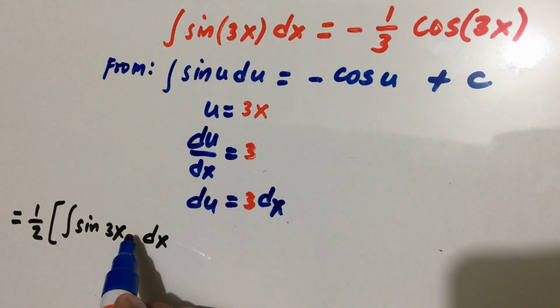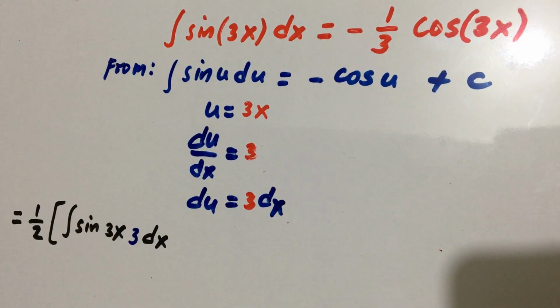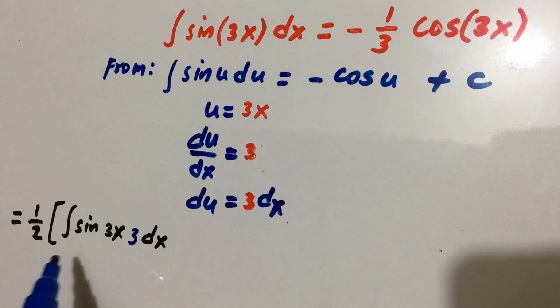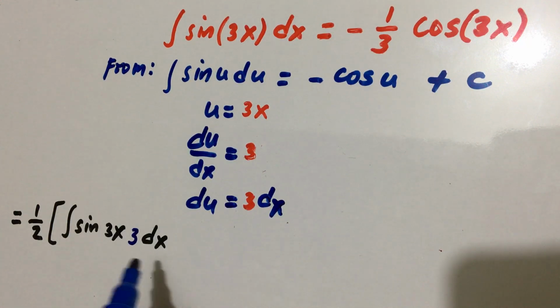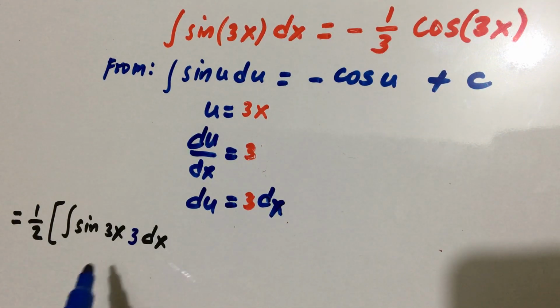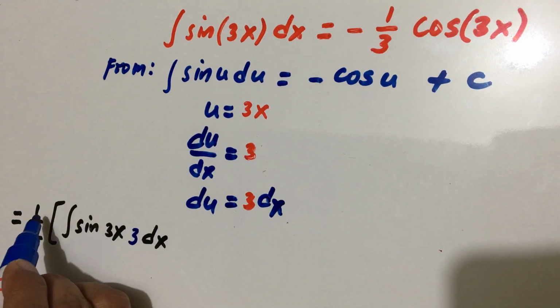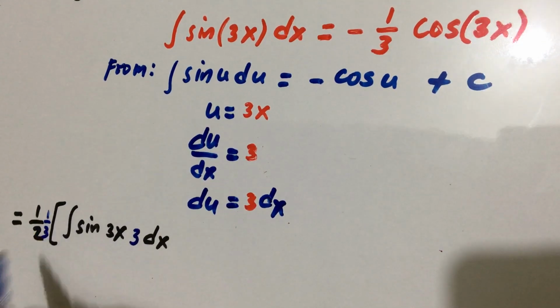We need 3, so we have to insert 3 here. But as mentioned before, we are now altering the given function. So to retain it at its original given, we need to balance it. We have to multiply it by 1/3. So multiply this by 1/3.